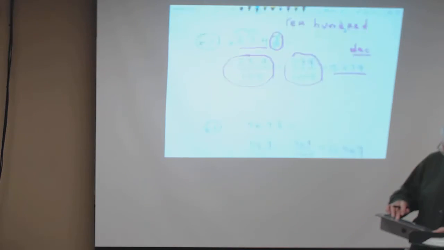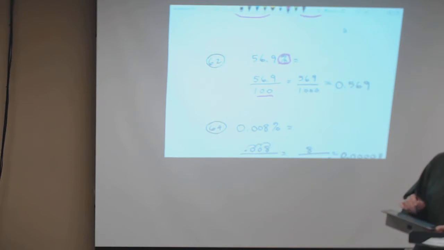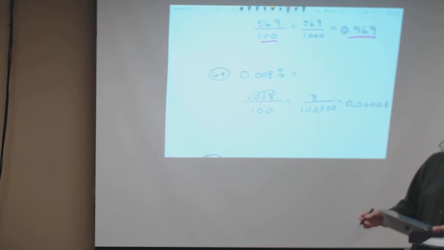Number 62, 56.9%, percent is per 100. So I put 56.9 over 100, then just divide with your calculator and you get 0.569. 64.008% would be this over 100.